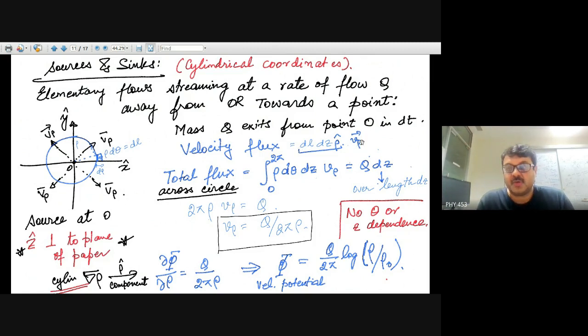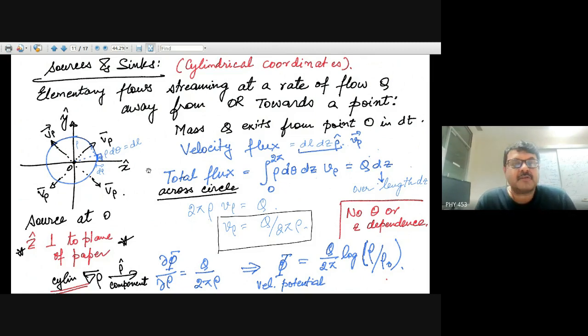So v rho, with rho hat, rho being, by the way, the cylindrical radius direction. So it's a bit confusing because of density. So there is a velocity field. Velocity flux is v rho, which is in the radial direction, into dl dz, again rho hat, because the normal to this area will be in the rho hat direction.